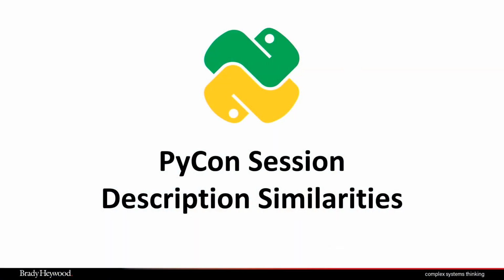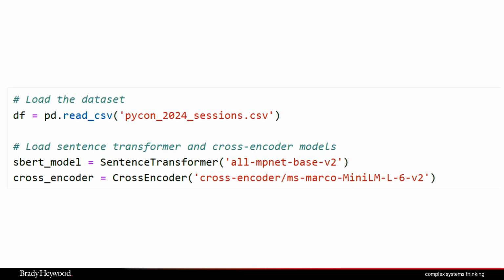So we're going to do a quick demo using the descriptions of the PyCon presentations to see which ones are most similar. We will use the library called Sentence Transformers, or SBERT, which provides great sentence embedding models trained using BERT. The first thing we're going to do is load in all the PyCon session titles and their descriptions, and we're also going to load a sentence transformer model and a cross-encoder model.